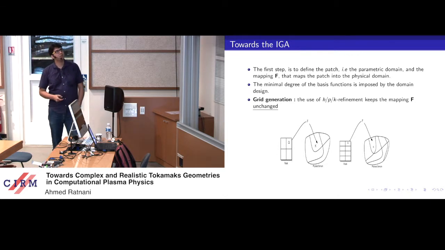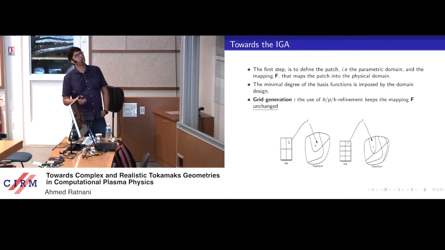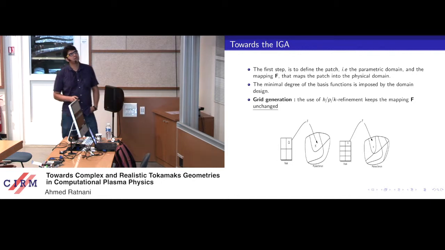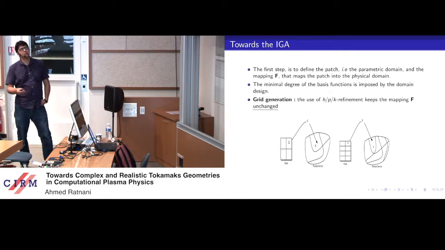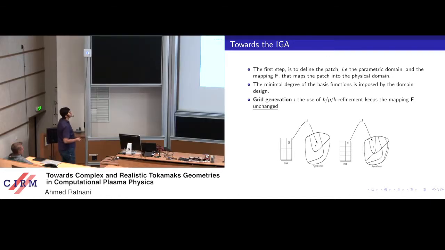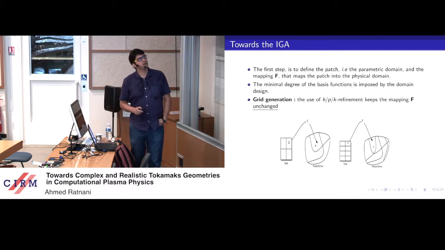This will give you what I call the coarse description. And then from this coarse description, which gives you the minimal degree of the basis and also some internal knots, you can do these hpk refinements, which will keep the mapping unchanged. And this is why Hughes called this method isogeometric.